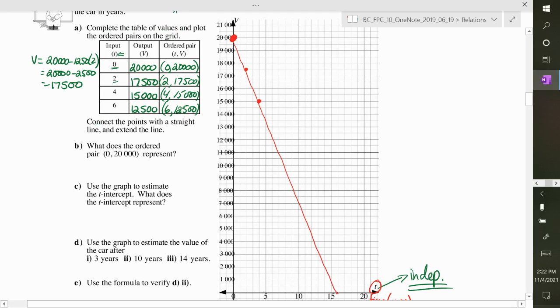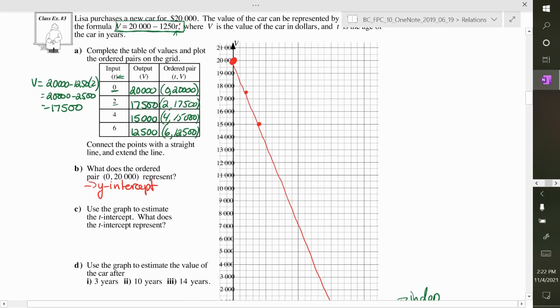All right, we're going to answer some questions here. So, what does the ordered pair 0 and 20,000 represent? It's okay, the y-intercept, let's go with that. It is the y-intercept. But what does that represent in terms of the car and its value?